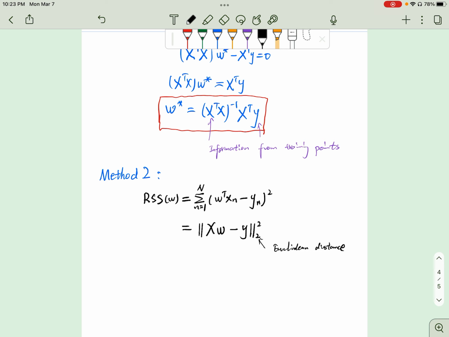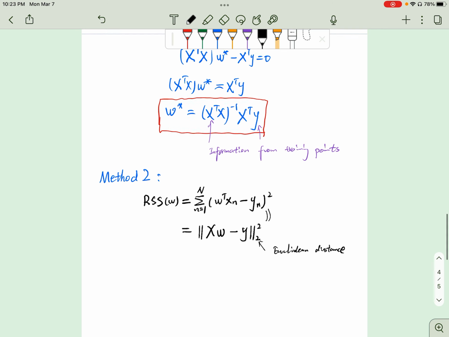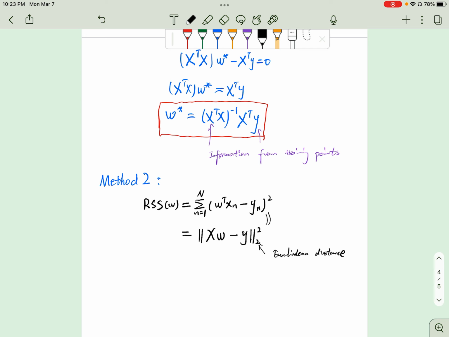You should convince yourself that these two are equal to each other, because the first row of the matrix here is the feature vector of the first sample. If you use the first sample to multiply with the weights, you get the prediction of the first sample, and you minus the ground truth of the first sample.